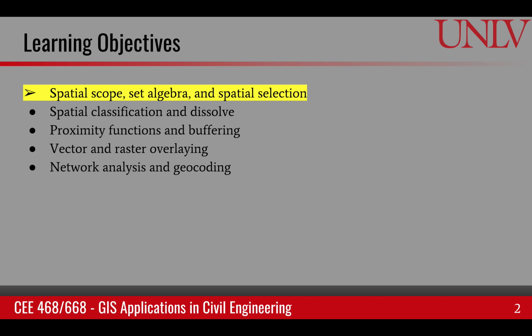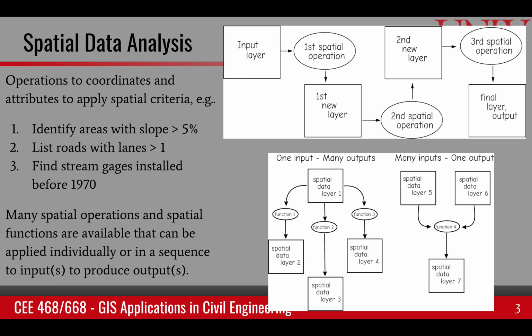So first of all, what is spatial analysis? Spatial analysis is a set of operations that are applied to coordinates or attributes, and they are based on some spatial criteria. For example, identify areas with slope greater than 5%.